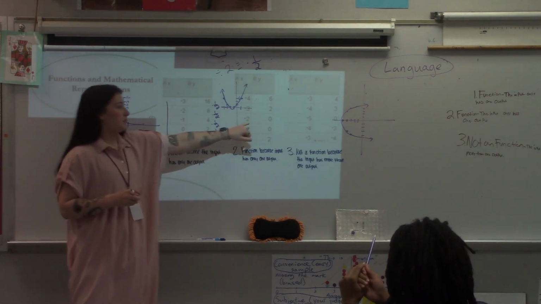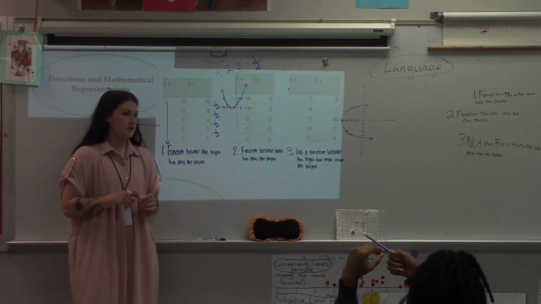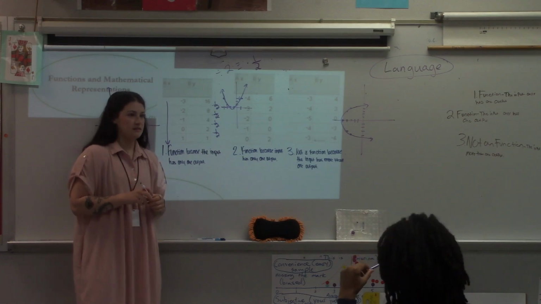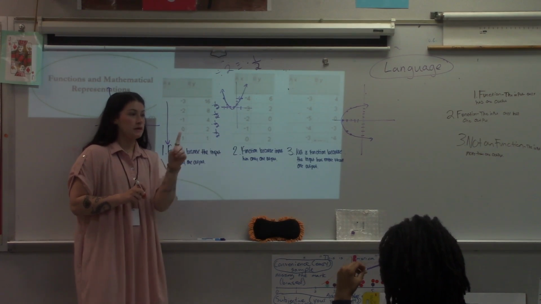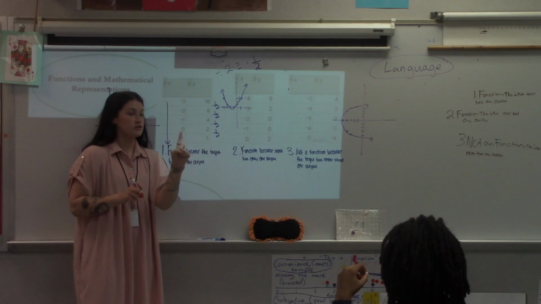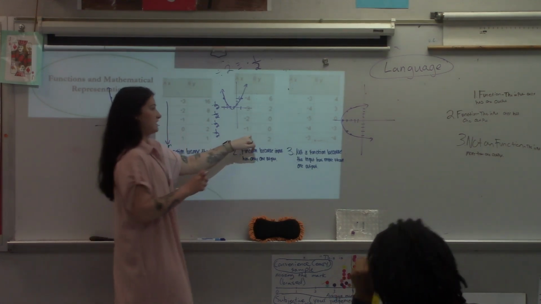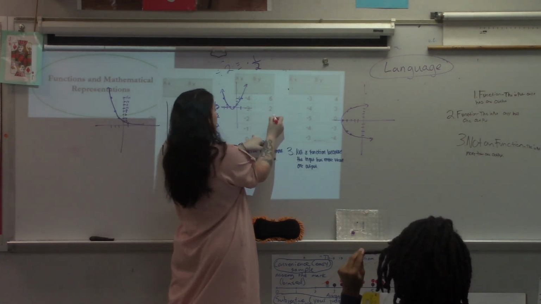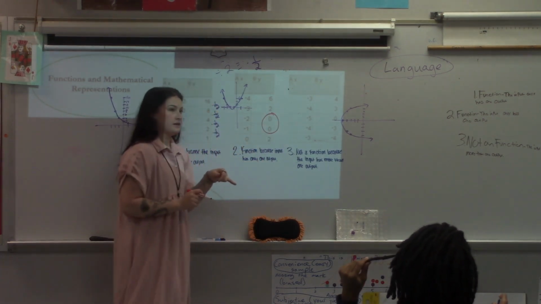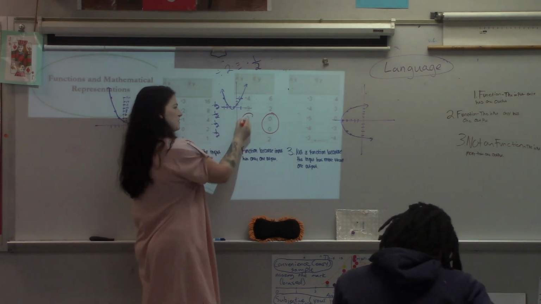So there are 2 repeated outputs, okay? But what does the definition say? One input per output. For every input, there is only one output. So there are two outputs that are the same, right? But do they have the same input?